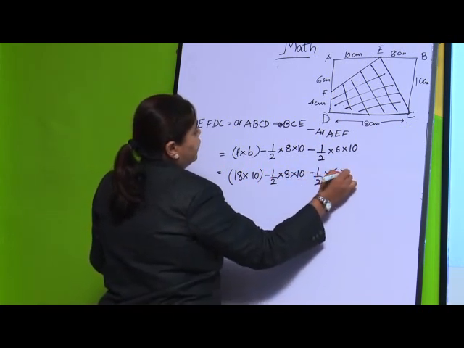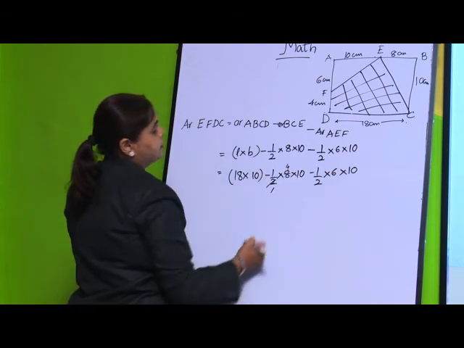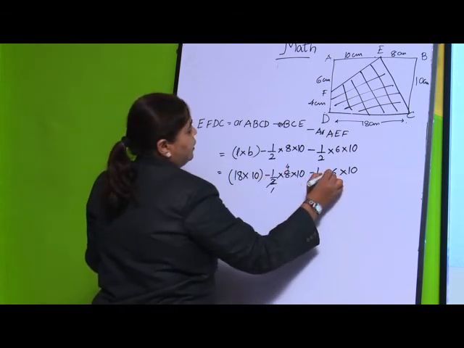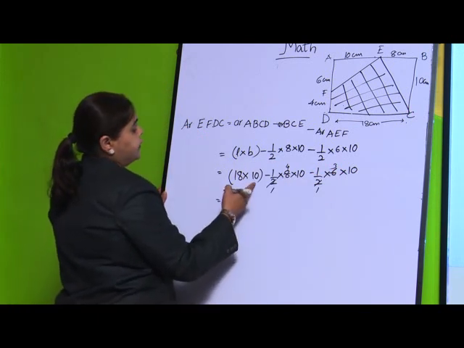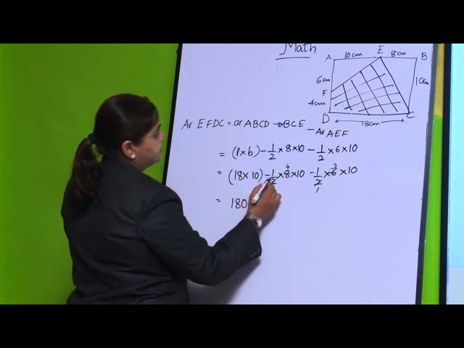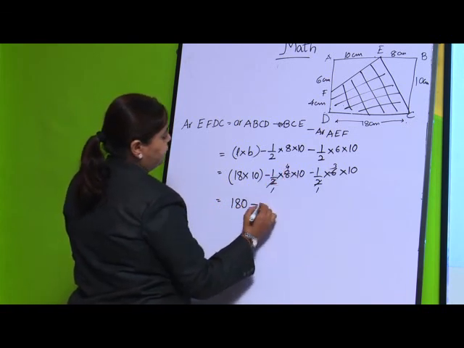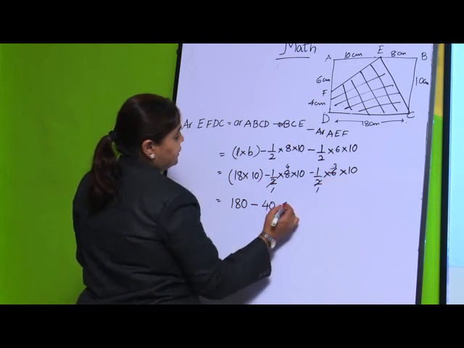So, we can do the reduction here. 2 ones are 2, 2 fours are 8, 2 ones are 2, 2 threes are 6. Now, we will write 18 into 10 is 180 minus 4 into 10 is 40 minus 3 tens are 30.